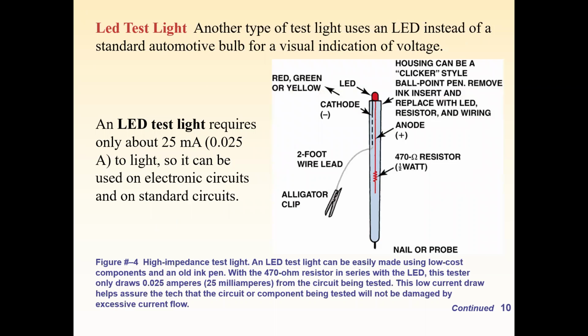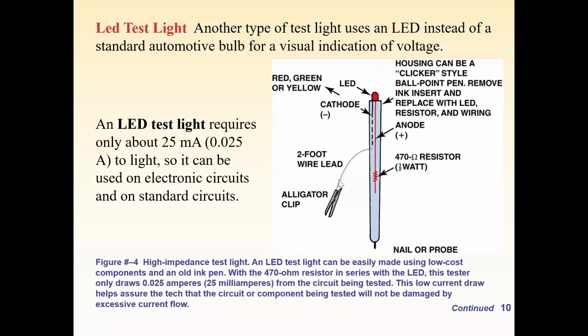Now there is another piece of equipment known as an LED test light. You can see the diagram of this LED test light. Here you can see the nail or the probe, which is connected to the ground. This is an alligator clip which is connected to the load.